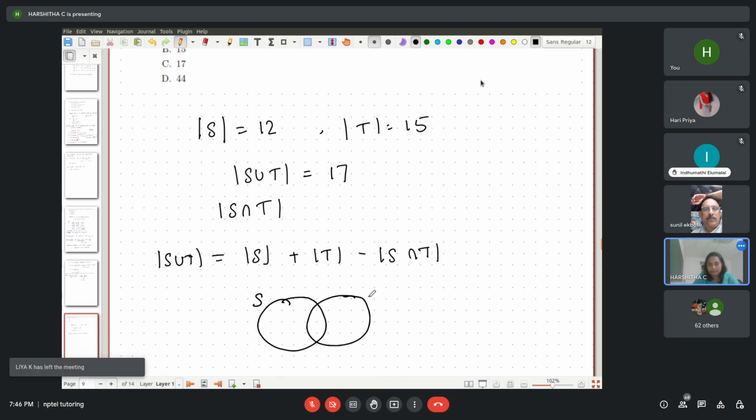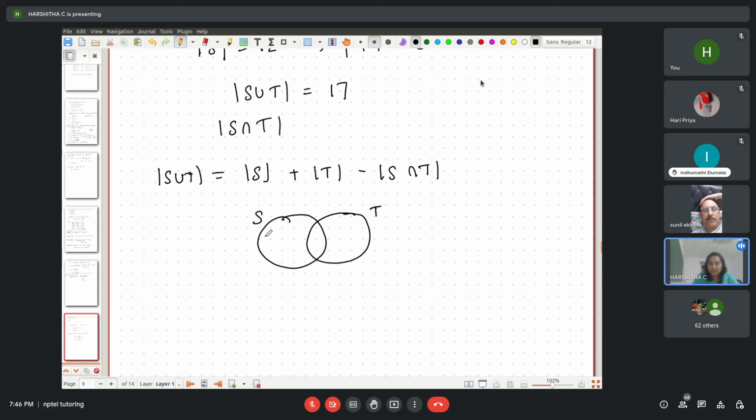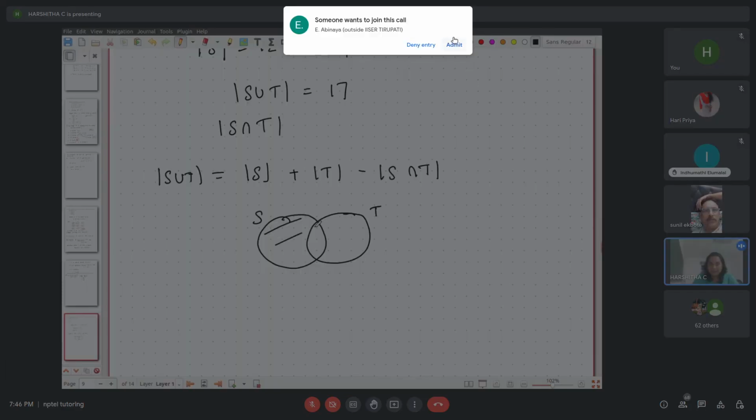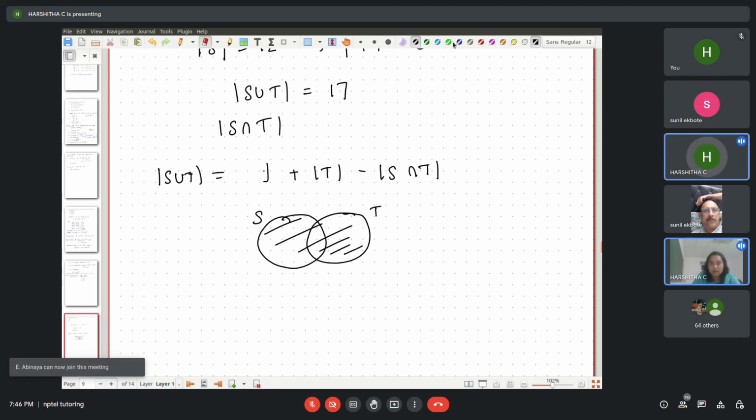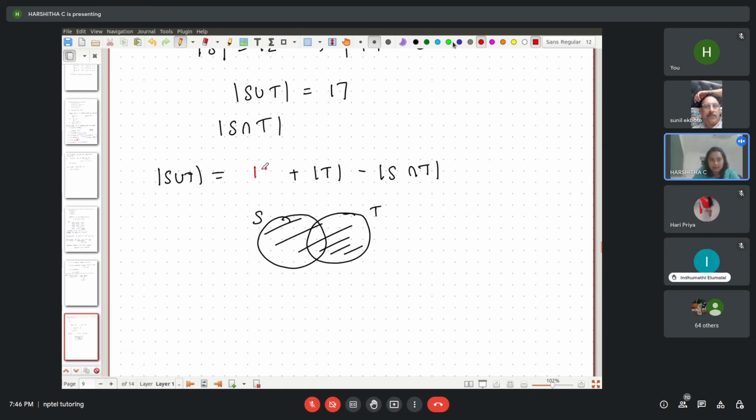If you represent it using a Venn diagram, when we say union, we mean this entire area. Maybe I'll color code it. When we say S, we mean this red area, and T is this blue area.